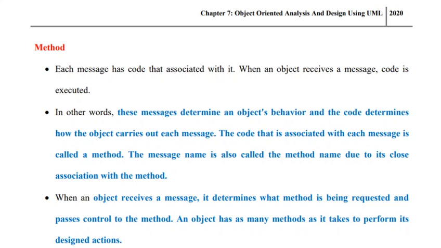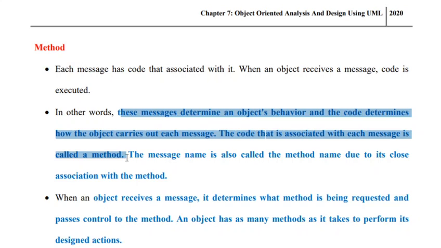Every message has information about the method that is to be performed whenever the object receives that particular message. In other words, the message determines an object's behavior and the code determines how the object carries out the message. The code that is associated with each message is called a method.